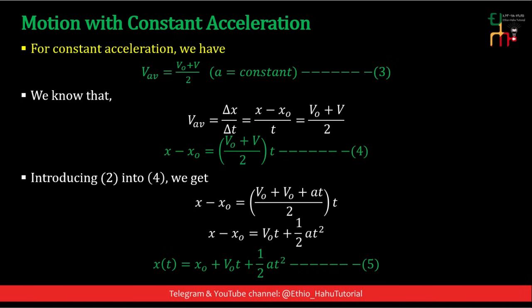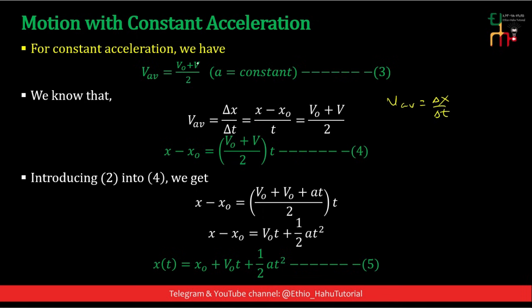The third equation: for constant acceleration, average velocity is initial velocity plus final velocity divided by 2. As far as the acceleration is constant, average velocity is defined by (v0 plus v) divided by 2. This actually holds true for uniform motion too. But we know that average velocity is defined by the time rate of change of displacement. V average is equal to delta x by delta t.